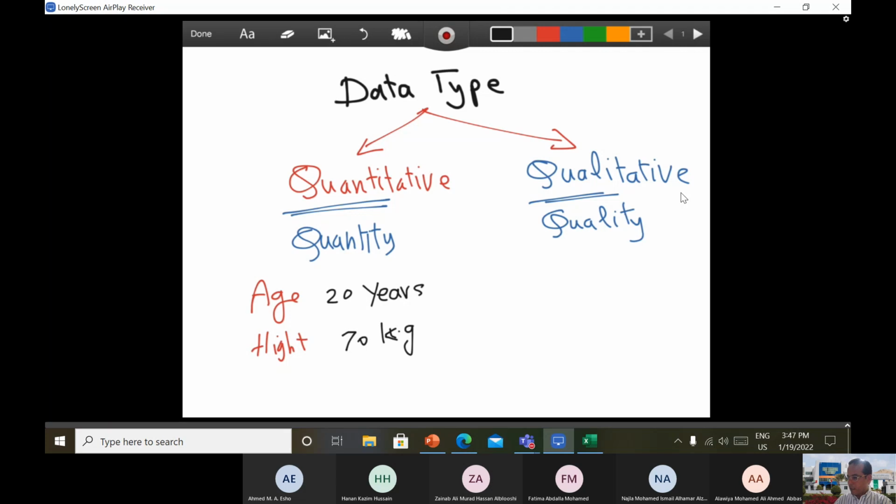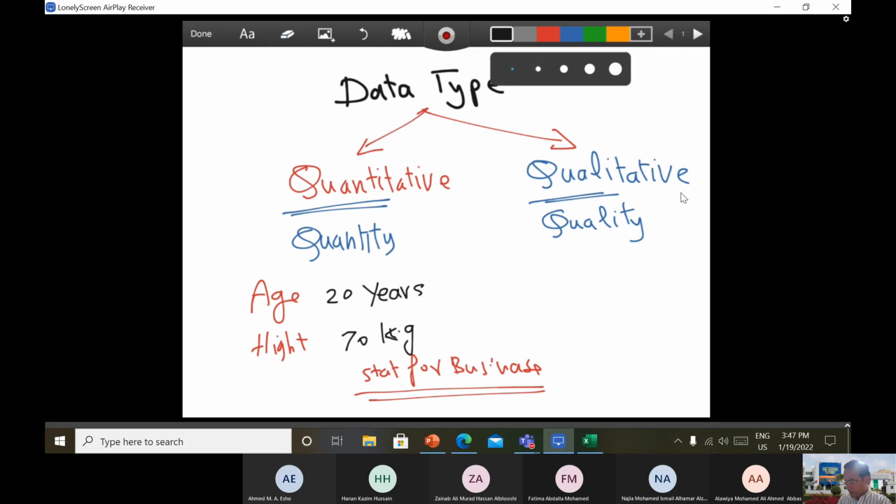And how many students are in stat for business, the number of stat students, I say 20 or 27 something. So all of these are quantity.